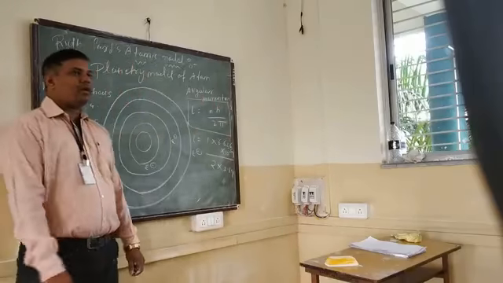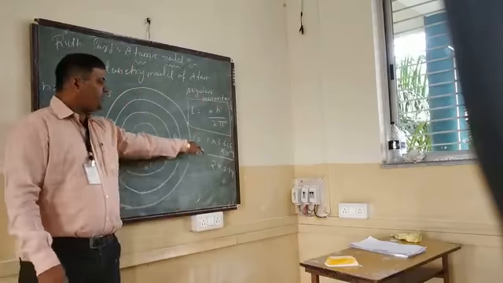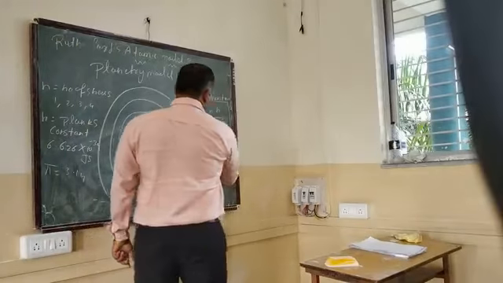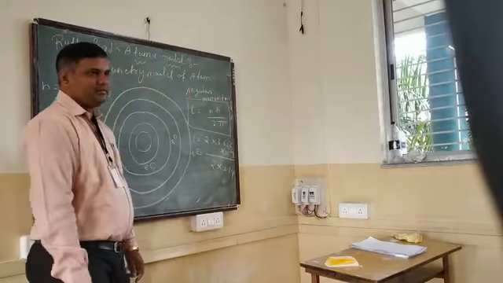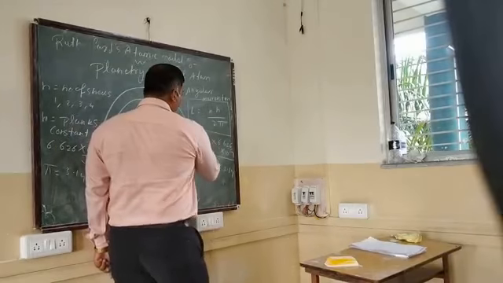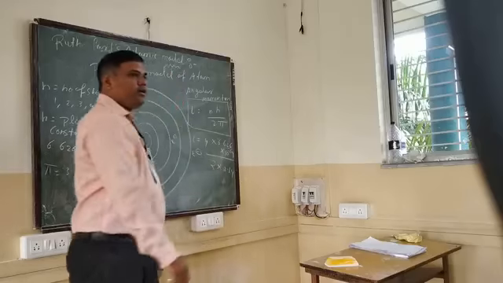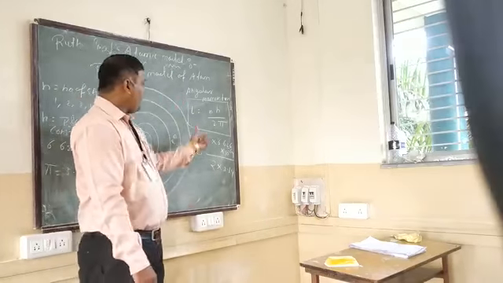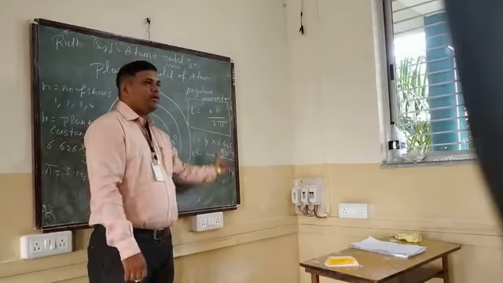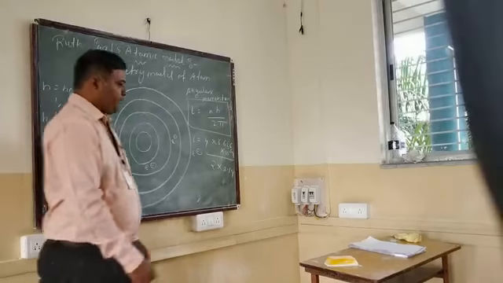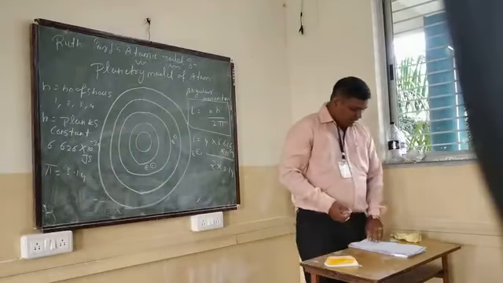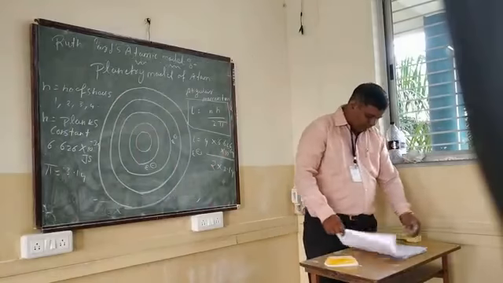So this is the angular momentum of the first shell. दूसरे shell का क्या होगा? चलो बोलो जल्दी. 2 into 6.626 into 10 raised to minus 34. थर्ड shell का क्या होगा? 3 into, fourth shell ka 4 into, right? So did you understand this? How to write the angular momentum for each shell, or how to calculate it? Okay? Okay. Now, next point you all can put it down.